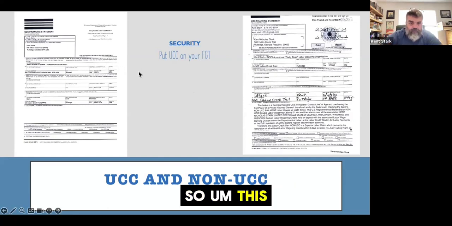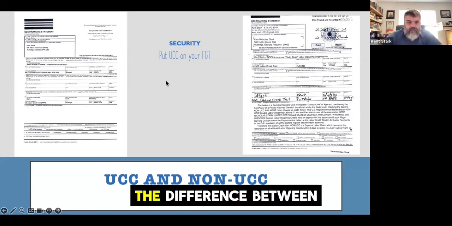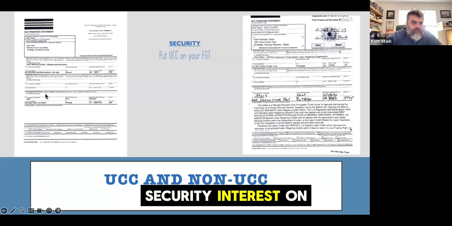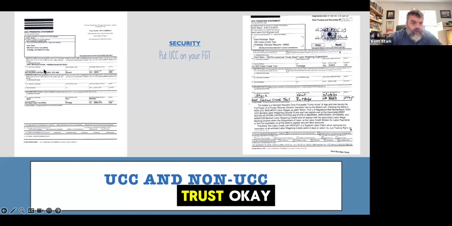So this is the UCC filing, the one on the left, and this is the non-UCC, the one on the right. So basically the difference between the two is the UCC filing is in the public. So this is letting the public know that you have a security interest on the foreign grantor trust.